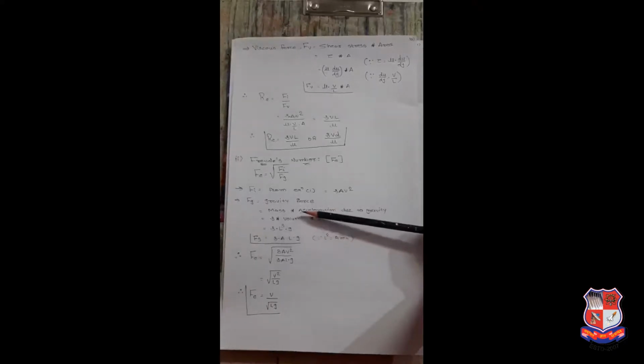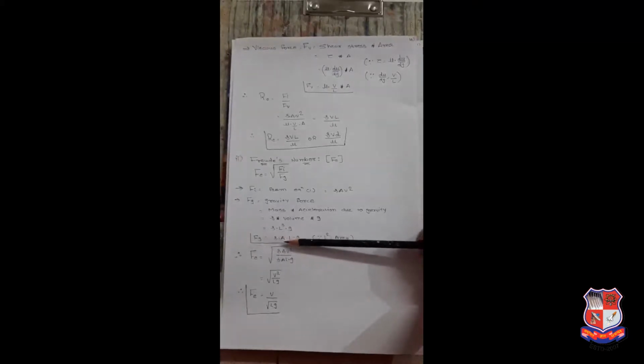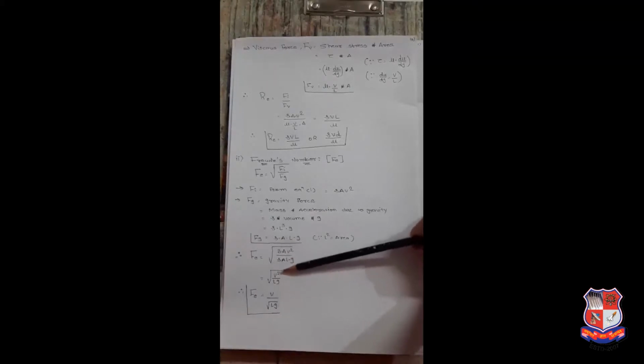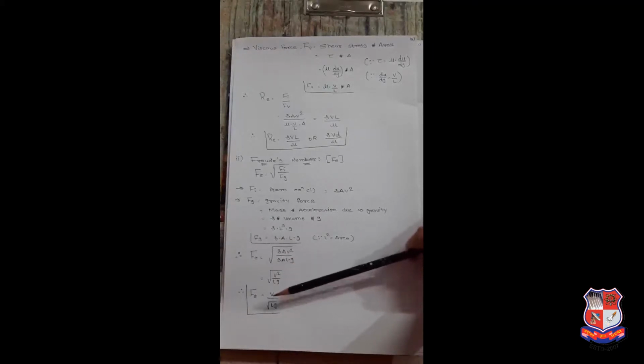Volume can be written as L cube. So Fg is equal to rho L cube into g. L cube can be written as L square into L, where L square is equal to area, so area into length. So finally we get the equation of Froude number by solving the terms. Fr is equal to V divided by square root of Lg.